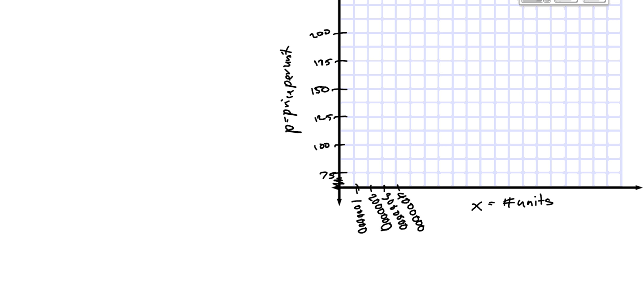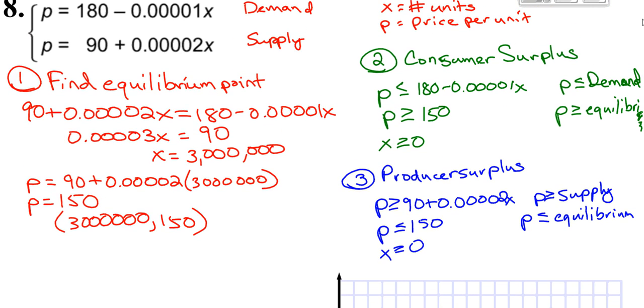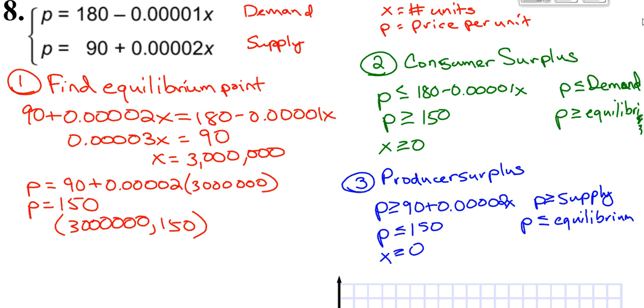Okay, so then as we graph those, we want to graph the demand. Oh, let me, oops. We're going to graph the supply surplus. And so when we graph that, we will start with the consumer surplus.